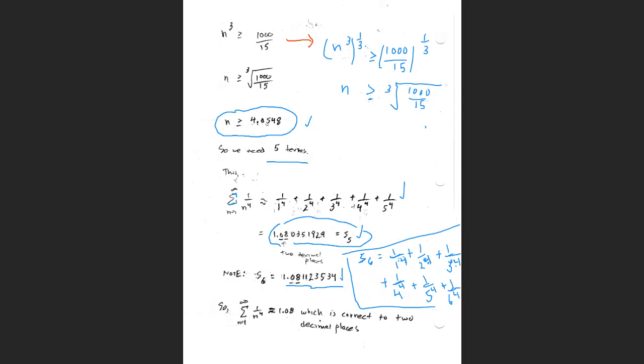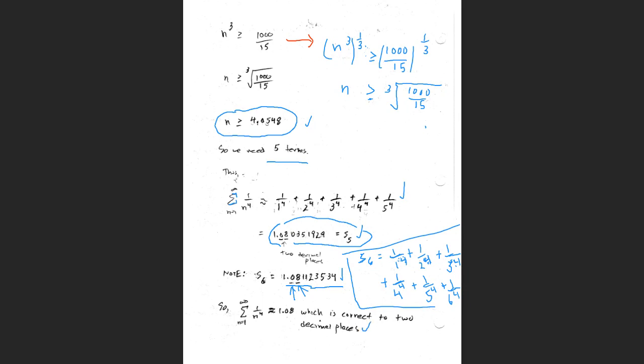In that 6th partial sum, the tenths and hundredths place do not change. So adding more terms will not change the first and second decimal place. And so our series is approximately equal to 1.08, and that's assured to be correct to 2 decimal places.